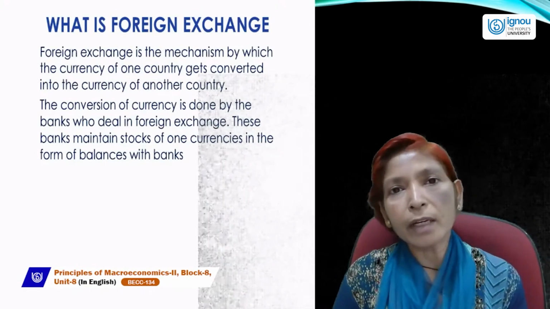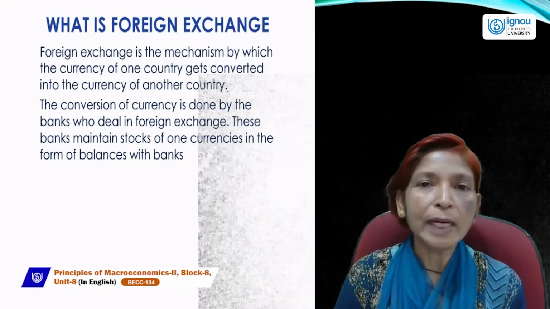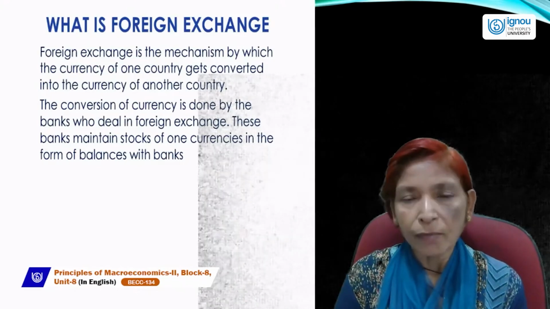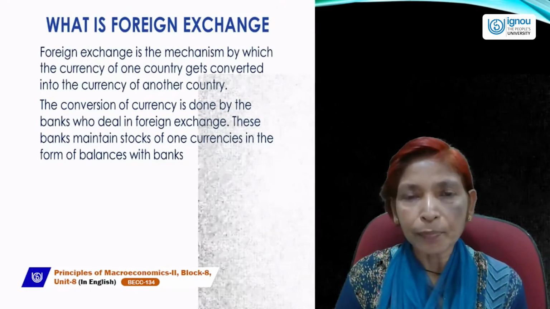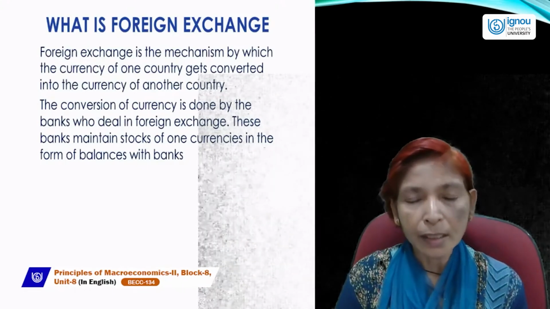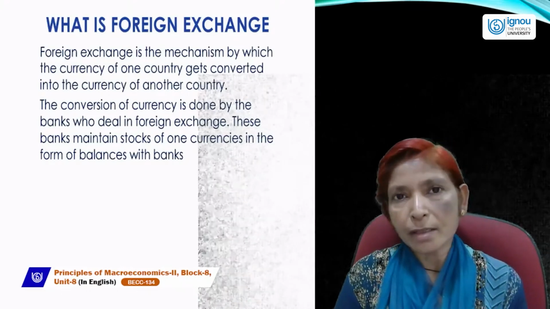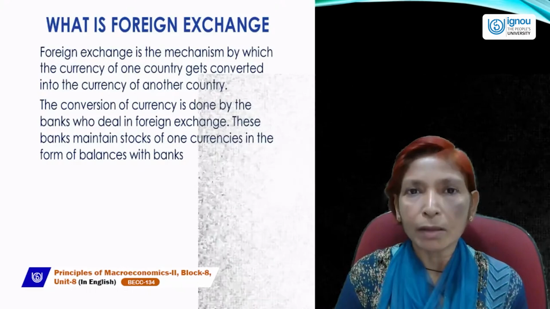In each and every country, different types of currencies circulate. For example, in Japan the yen exists, in the USA the dollar, in Australia the Australian dollar. The US dollar is a standardized currency, which is accepted by all.